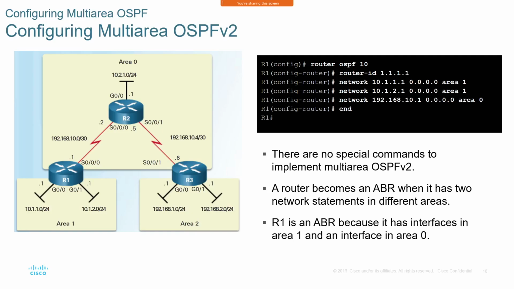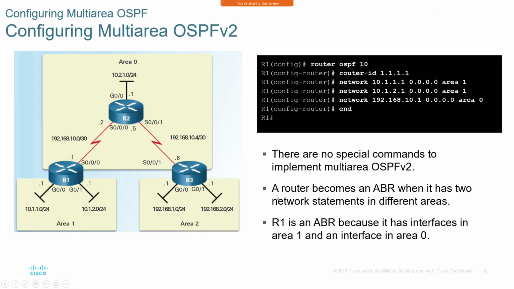How many area border routers? How many ABRs? Who thinks it's 1? Okay, so it's 2, right?